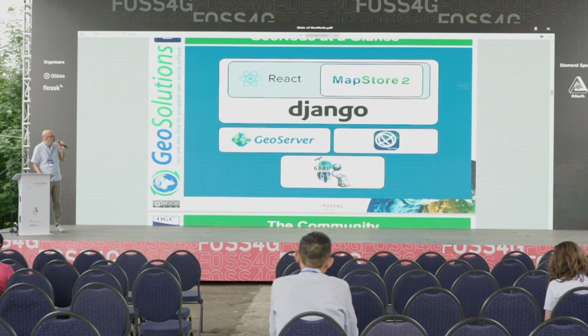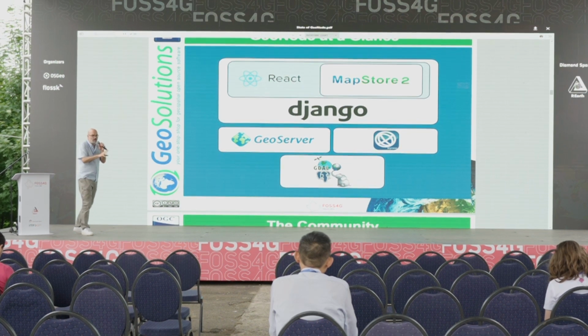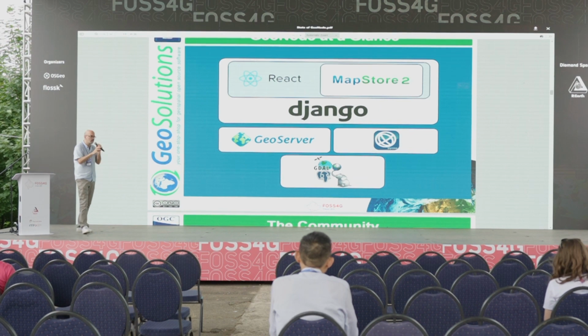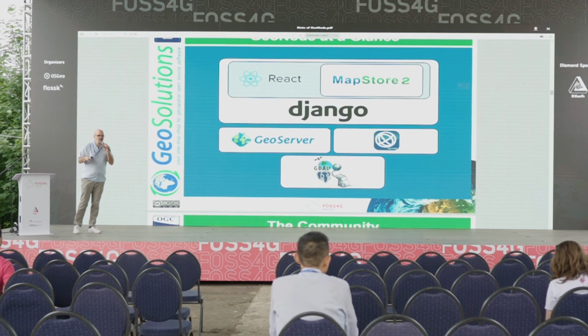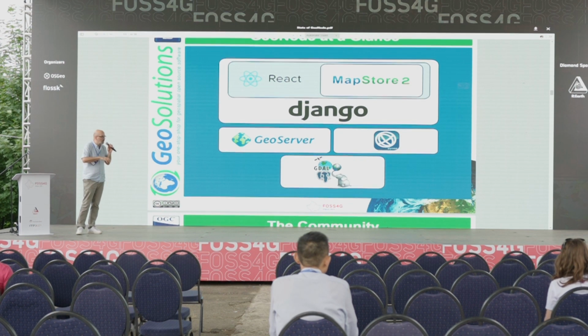So GeoNode is a composition of services. The core application is a Python application built with the Django framework and other things. And it uses GeoServer, PostgreSQL, PostGIS, and PyCSW as external services, and more others.